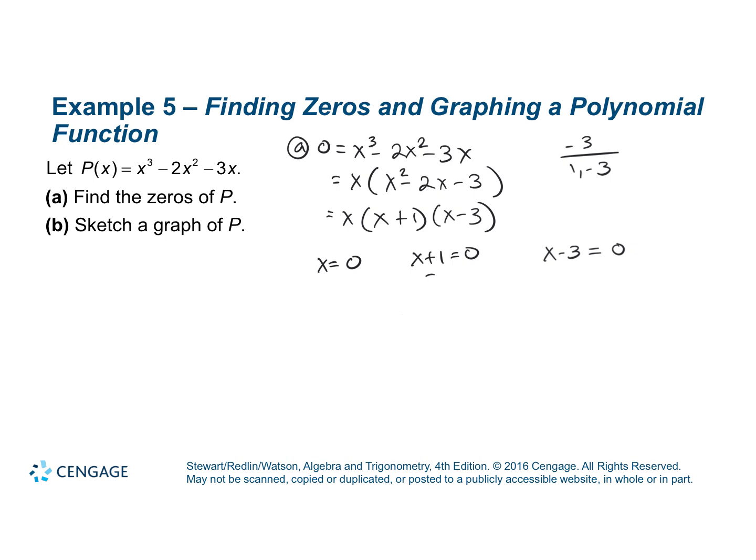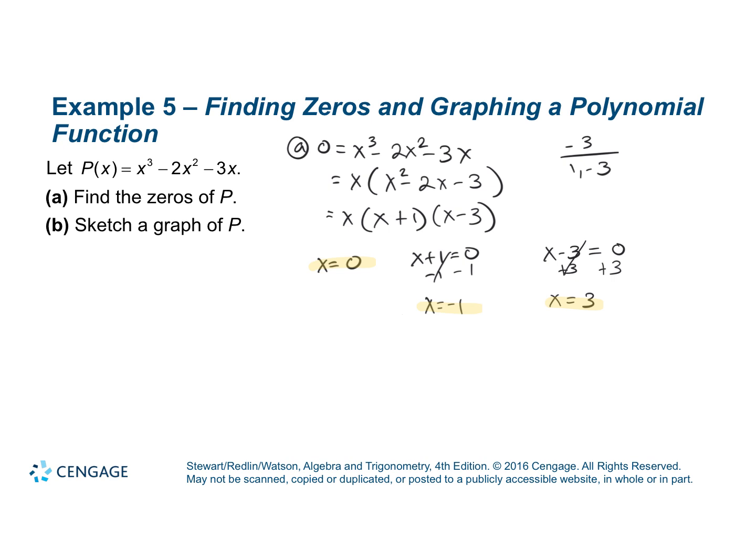So I will subtract the 1 on both sides, and we get x is equal to -1. I'll add the 3 on both sides, and we get x is equal to 3. So here we have our 3 zeros: 0, -1, and 3. Now, in order for me to graph this, I would also like to find the y-intercept.